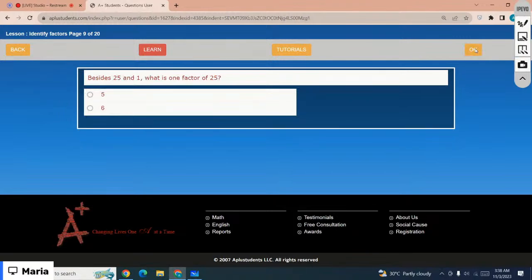Which is the correct option? Yes, it is 5.